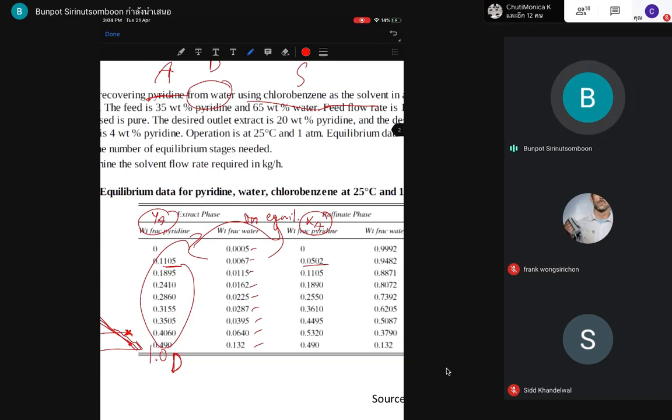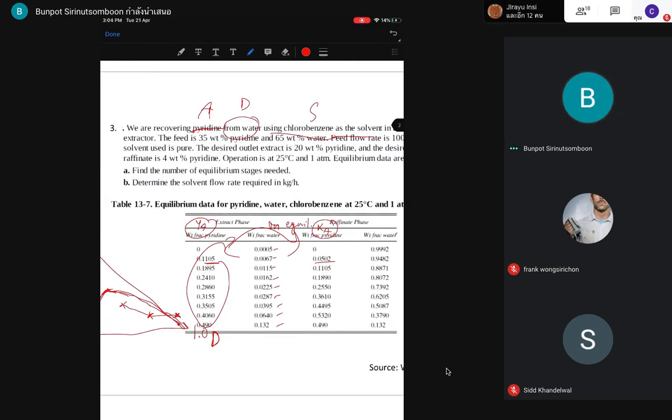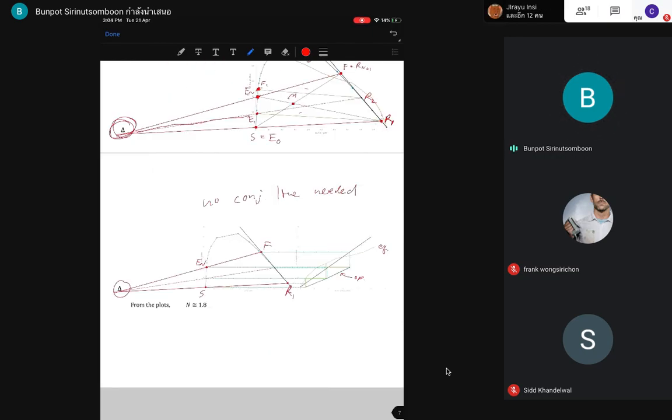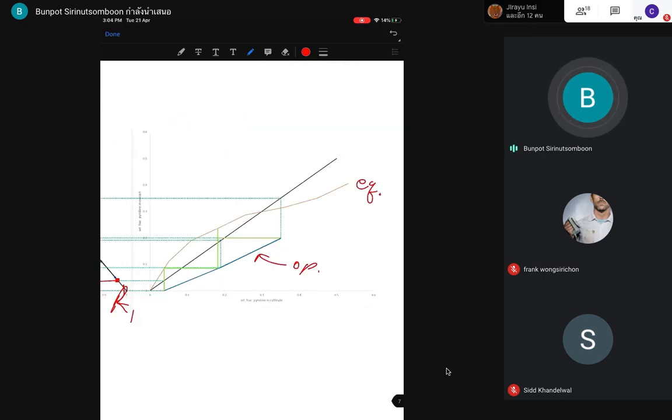I use this YA and XA on this graph right here, on this orange line, and on this one it's just x equal to y. Okay, XA equal to YA. But this one is the equilibrium between YA and XA.